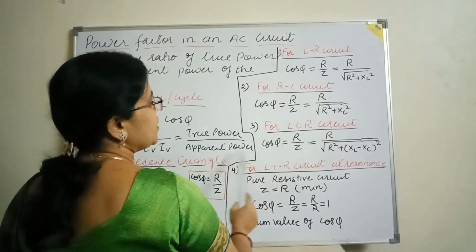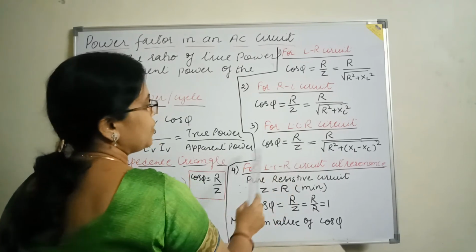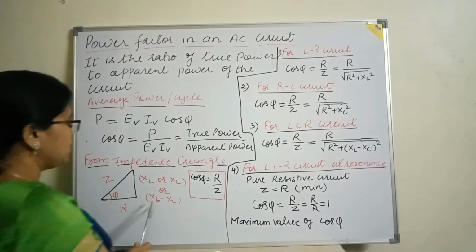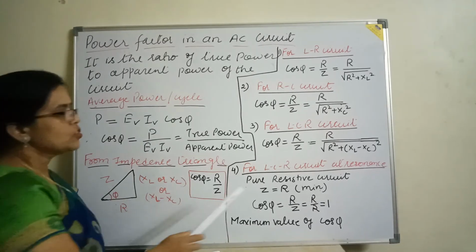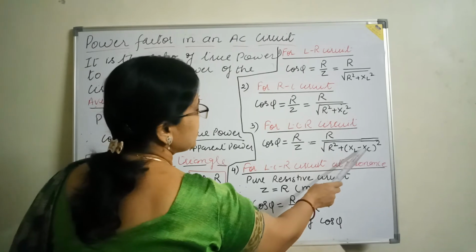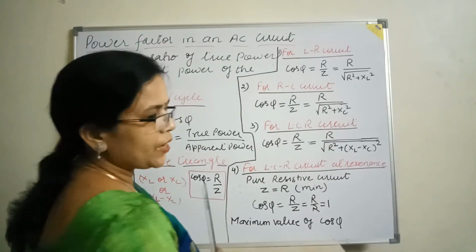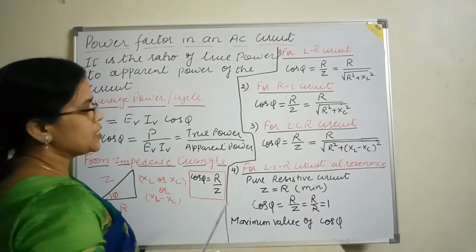And in the case of the LCR circuit, cos phi is equal to R by Z, and now the reactance will be taken as X_L minus X_C. So the impedance will come out to be under root of R square plus (X_L minus X_C) whole square. So these are the expressions of the power factor in combination AC circuits.